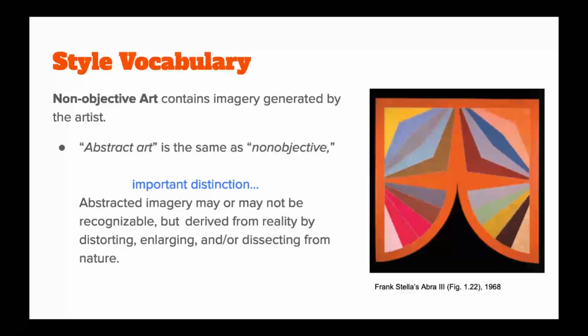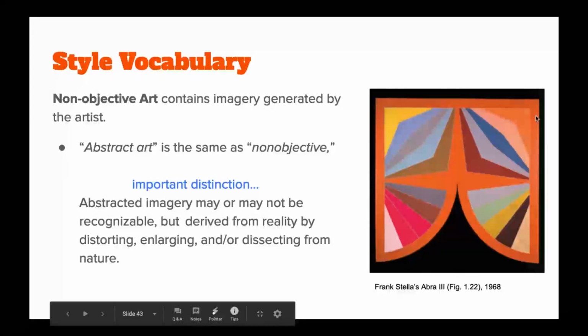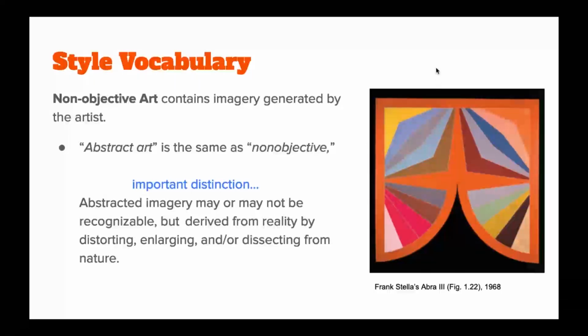But non-objective art is actually a painting of nothing in particular. The artist didn't start with an apple and then make drastic changes to its appearance. They're really more interested in just what colors look like on a canvas. Frank Stella is an artist who is very interested in creating optical illusions with his artwork. It's not that he's making paintings that look like something, he's just making paintings of ideas.